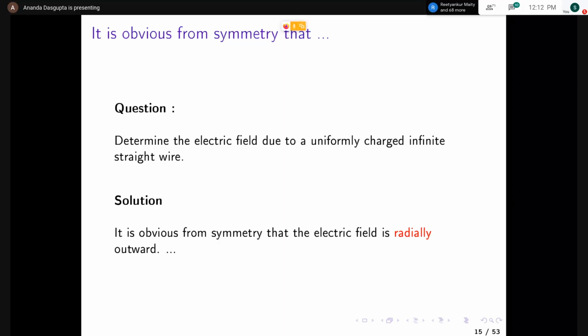After that, you use this and a few more statements which are again, quote unquote, obvious from symmetry to decide that you will use a Gaussian cylinder here and then calculate the flux of the electric field through the surface of the cylinder and so on, and use Gauss' law and determine the electric field. But what I'm trying to draw your attention to is this. In almost every textbook, in almost every explanation of this, the solution starts, it is obvious from symmetry that the electric field is radially outwards.